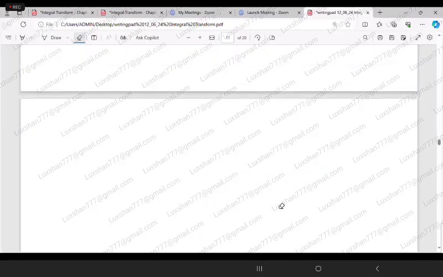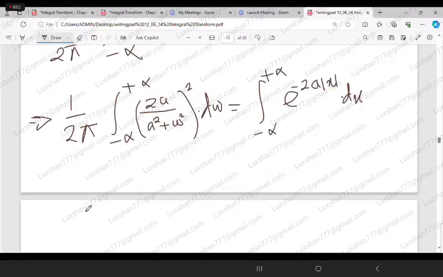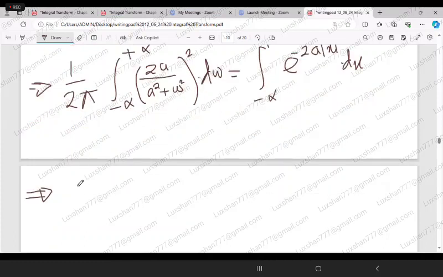So this implies, now I can take this 4a squared out because that is independent of omega. So if I square this one, then 4a squared over 2 pi becomes 2a squared over pi.